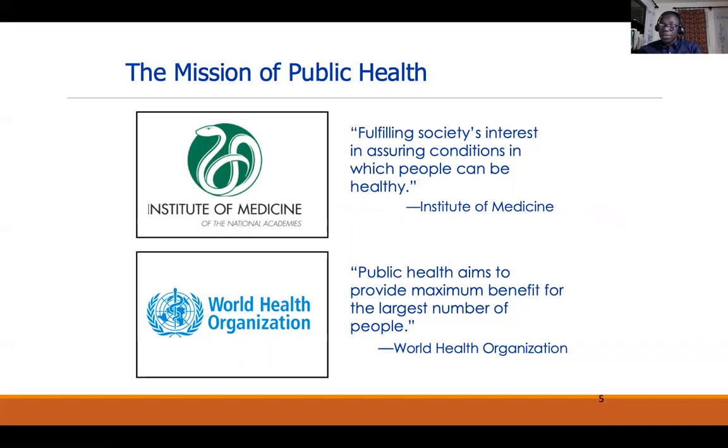Therefore, public health focuses on groups of people rather than just an individual. At the core of public health lies the principle of social justice, providing people the right to be healthy and to live in conditions that will support their health.